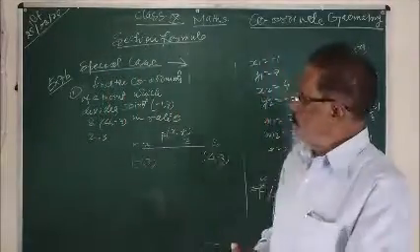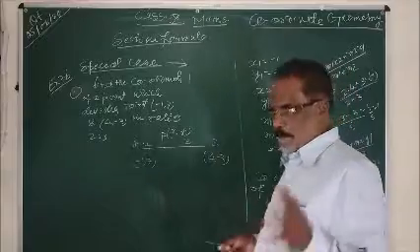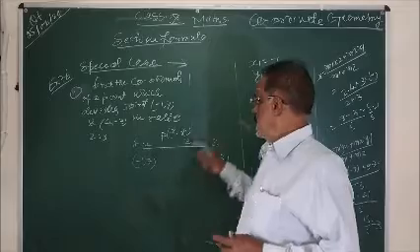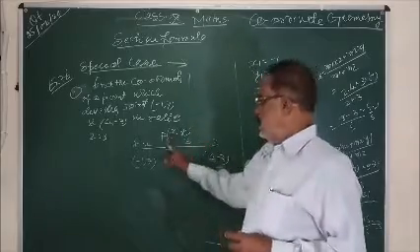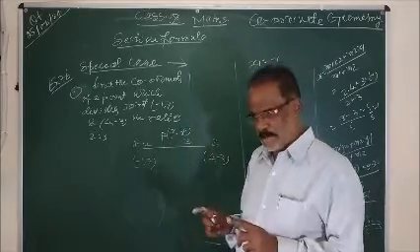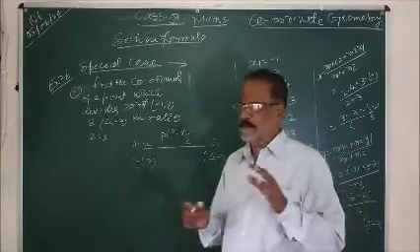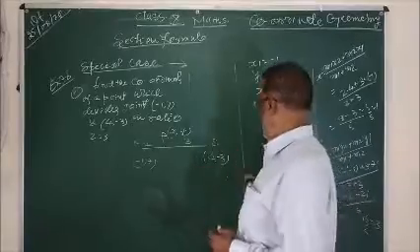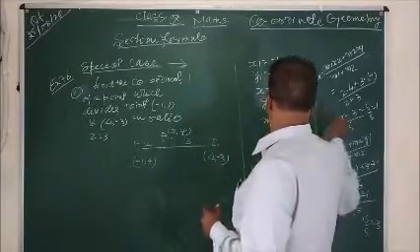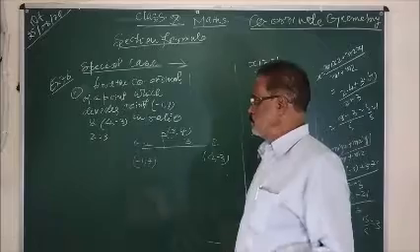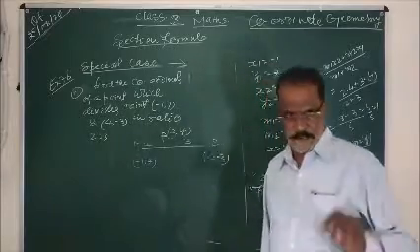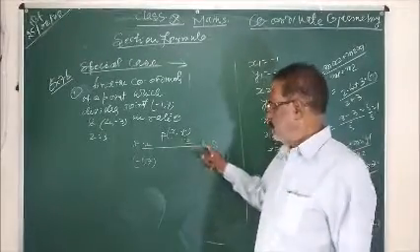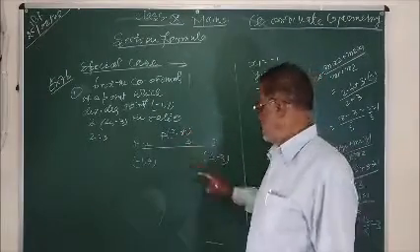So my dear students, the section formula I explained yesterday. Today I am talking about a special case. If a point P divides not equally, P is not the middle point of AB, then we can use the original section formula. But today we are talking about if the point P is the middle point of AB, then what will be the coordinates?